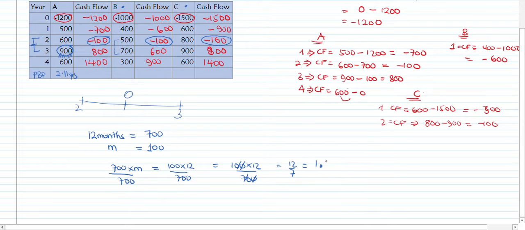Let me leave it in this case because we are going to convert it. So we will get 12 over 7 months, but we want it in years. So it's going to be 12 on 7 by 1 year, 12 months, because this is already in months.